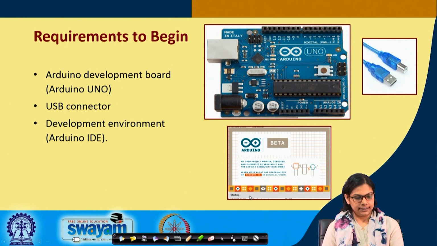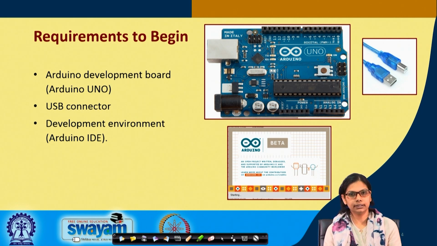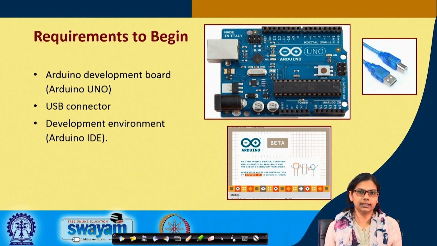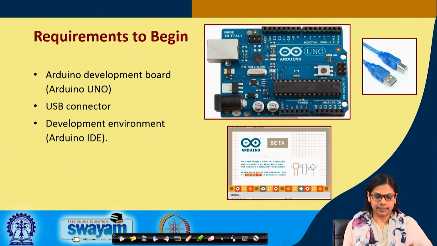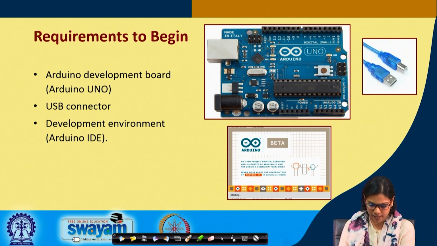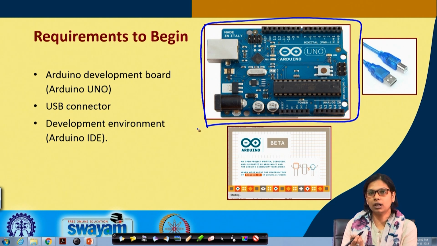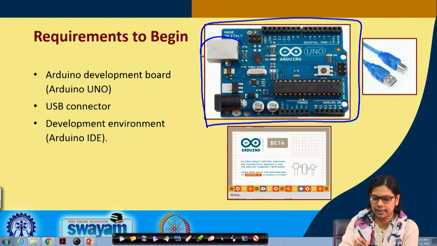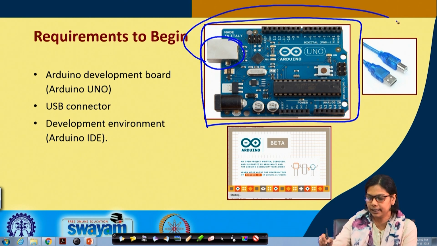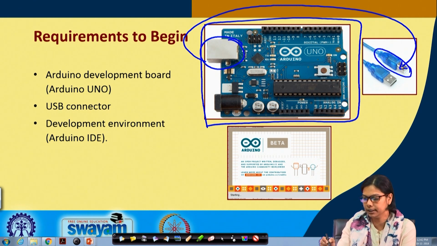So what are the requirements? For STM32 boards, we have already seen what the requirements are. Now for the Arduino board, again in the same way, this is the board in place. It depends on how you interface, but the easiest way is to connect through this USB connector to your PC or laptop.